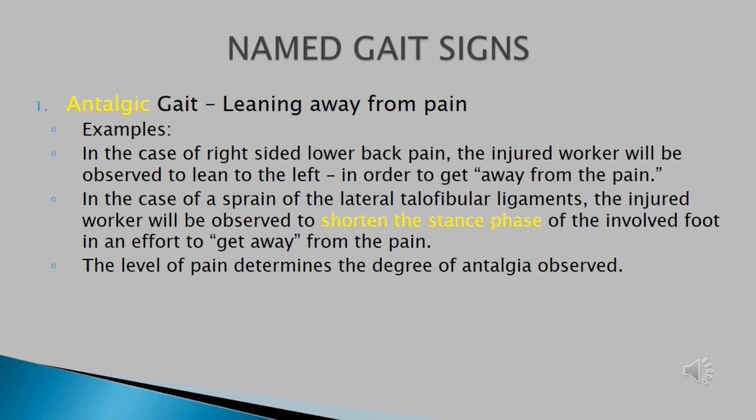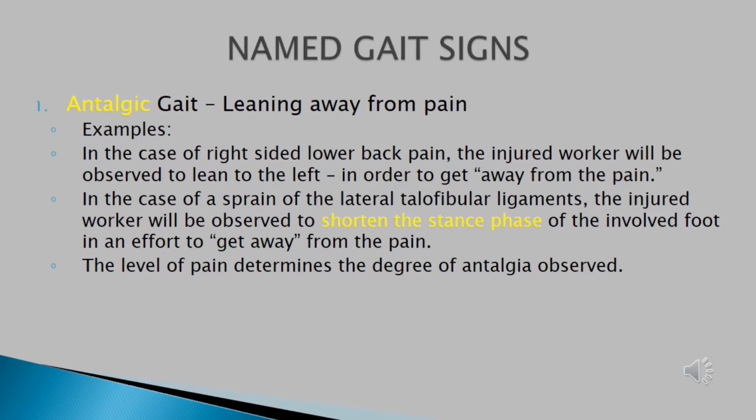So as another example, in the case of a person with an ankle sprain, a sprain of the lateral talofibular ligaments, they would be observed to shorten the stance phase on that leg in order to get away from the pain. And we would call that a limp. You say that the person is limping.